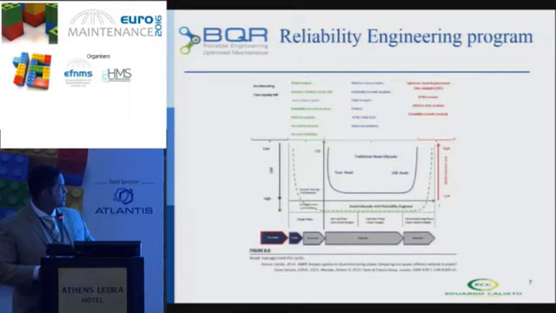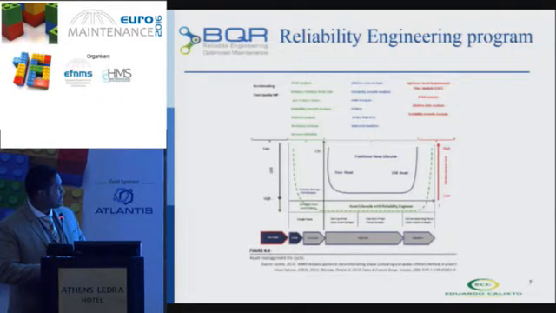Here we can see the bathtub curve, where you have the early life failure, the useful life, and the wear out. So their concept is, if during the asset life cycle you are applying different methods correctly along this life cycle, you will not have this early life failure, because during the design, if you apply RAM analysis, design FMEAs, process FMEAs, RCM, FRACAS analysis, warranty analysis, and do a very good job during the design, you are able to eliminate the early life failures.